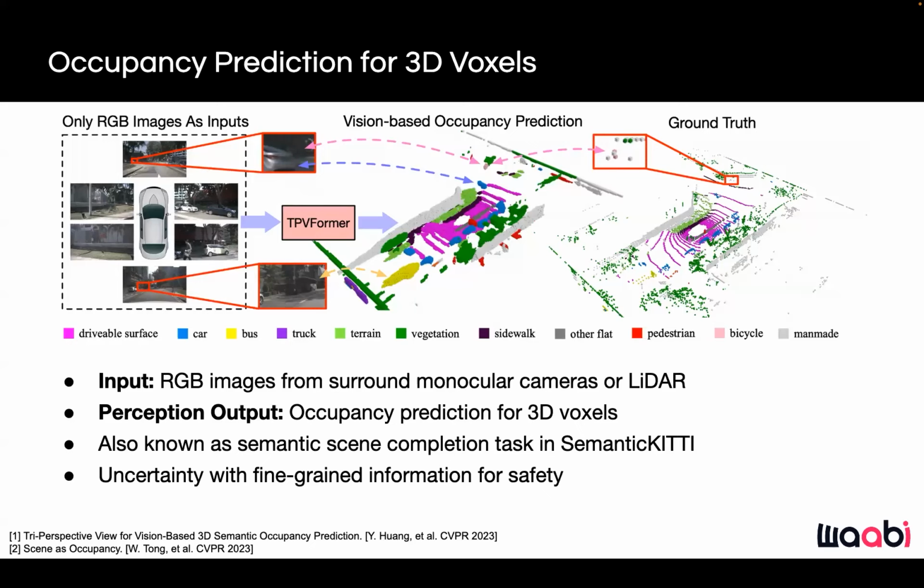This is also known as the semantic scene completion task in the SemanticKITTI benchmark, and is promoted by Tesla with their occupancy network. Instead of producing bounding boxes or segmenting observed LiDAR point clouds, by predicting if each 3D voxel is occupied or not, we can better capture the uncertainty with fine-grained information and handle unknown objects that don't belong to our training class definition for safety.